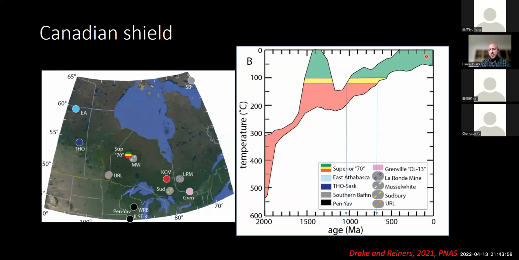background or framework. And if we look at, for instance, the Superior 70 sample and go back in time, it takes us to 600 or 700 million years until we reach high temperatures that are not able to sustain microbial communities. And at least at 1 billion years ago, it was too hot.